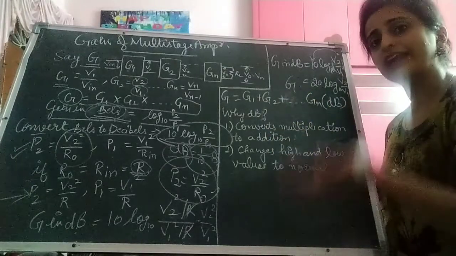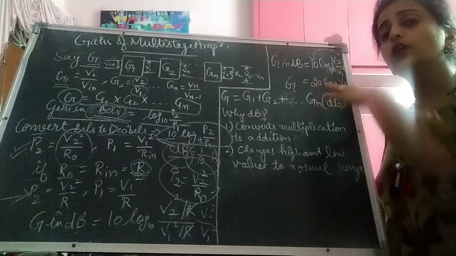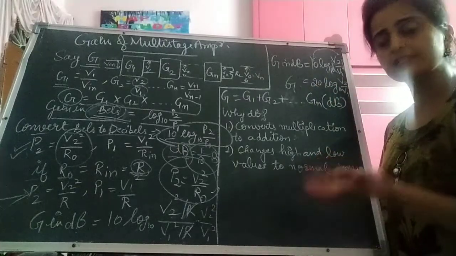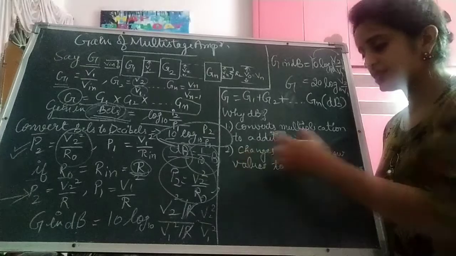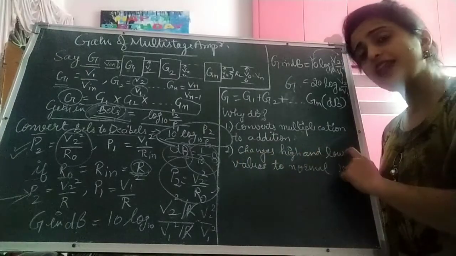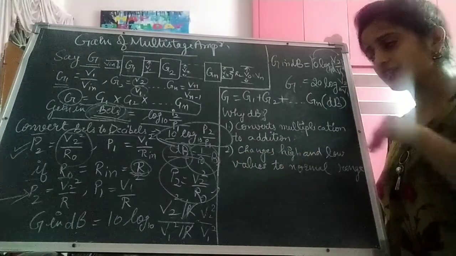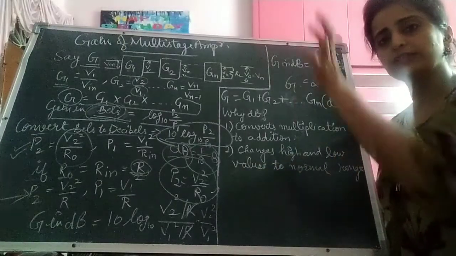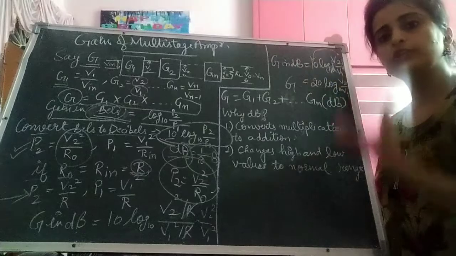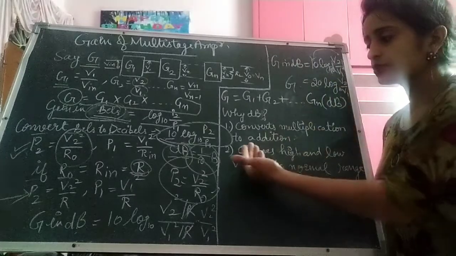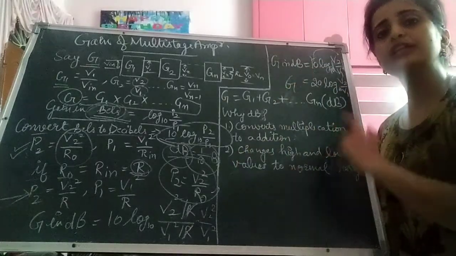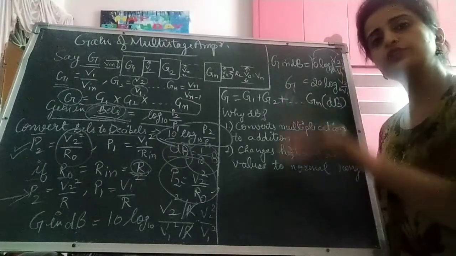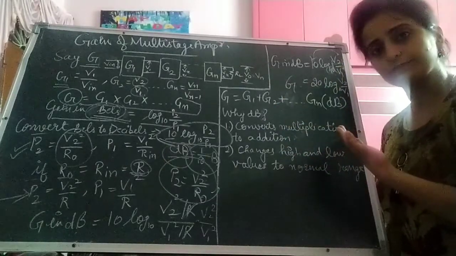Along with that, when we talk about the logarithmic scale, it changes the very high as well as the very low values into a normal numerical range, right? So there are two main reasons why we use the decibel scale to calculate our gain.